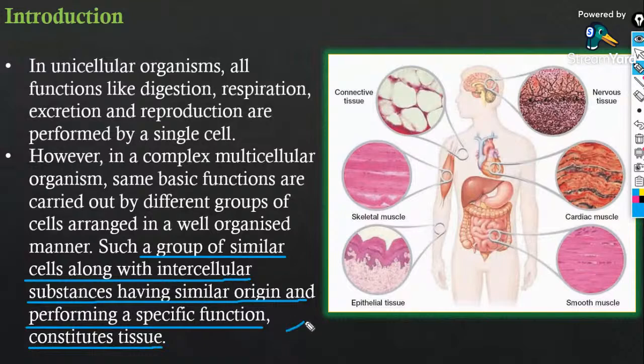A tissue is a group of similar cells which have the similar origin and perform a similar function. Done, everybody? Is it clear for everybody?